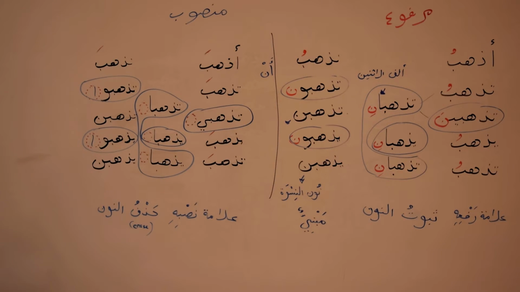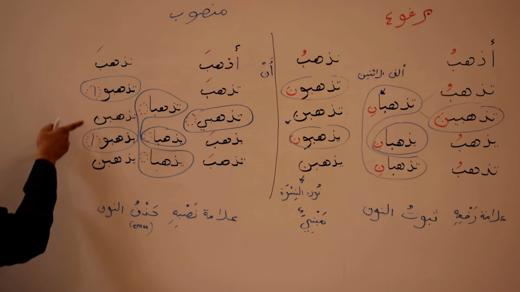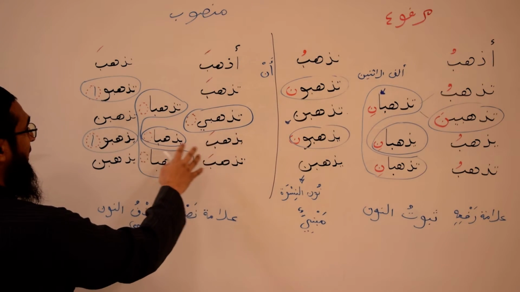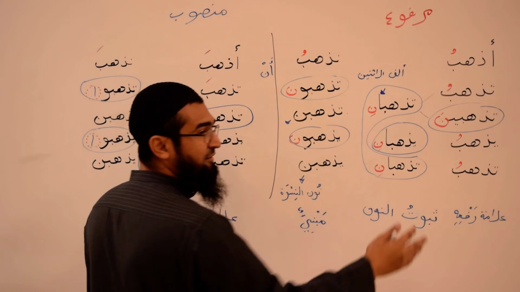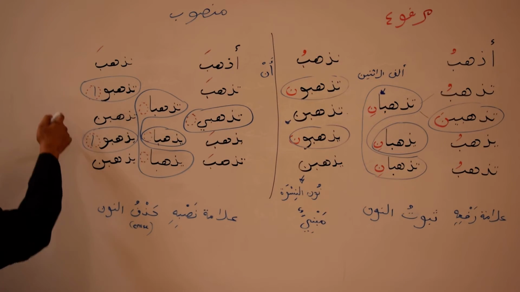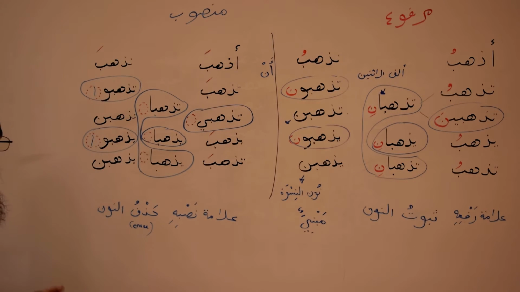So now that we've got that, the next thing for me to explain is this alif. This alif that you see there. This alif that is put in place of the noon, and we only put it in these two verbs. Okay? We didn't put it anywhere else. So they are all these, the ones that are circled, the af'alul khamsa, we only saw it in this version. Wherever there's a specific letter before it, a letter called wawul jama'ah.